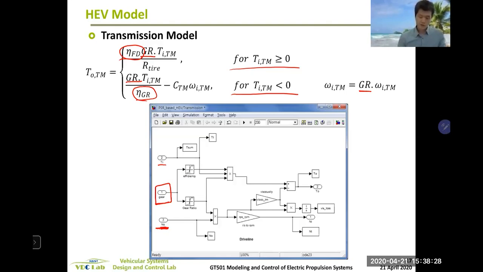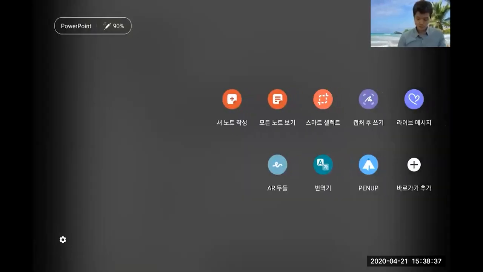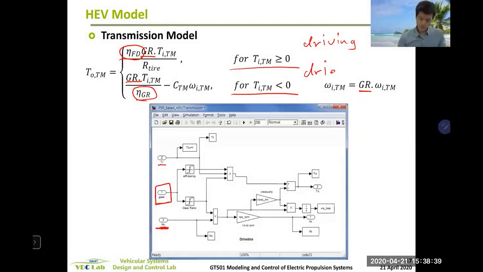So whether it's driving or driven, the efficiency has to be inversed to make sure efficiency is lower than 1. Okay.